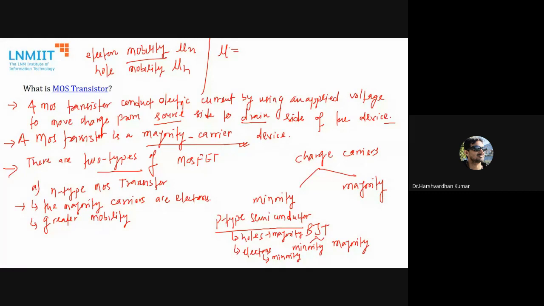It indicates that on the application of an electric field, how fast the charge carriers can move from one side to another side, right?